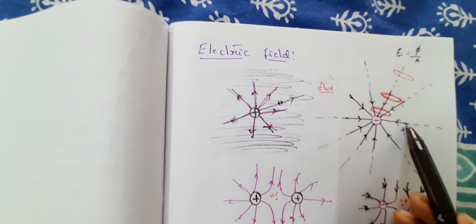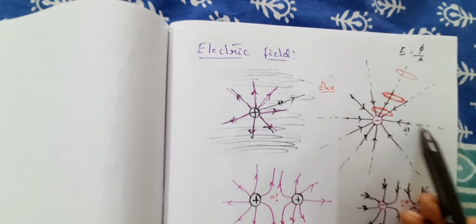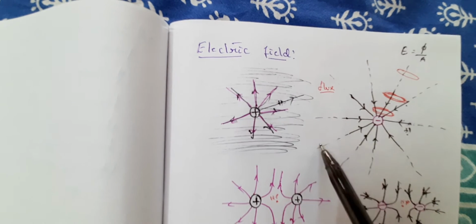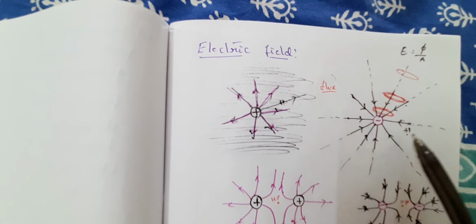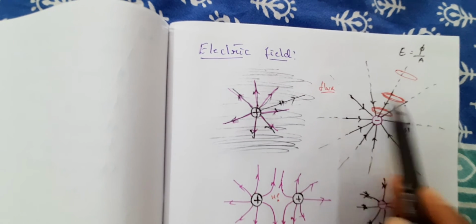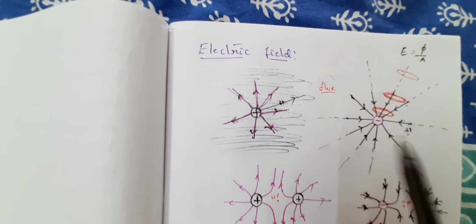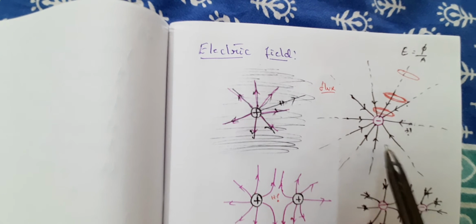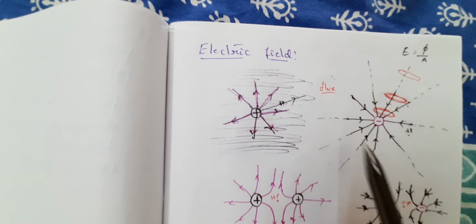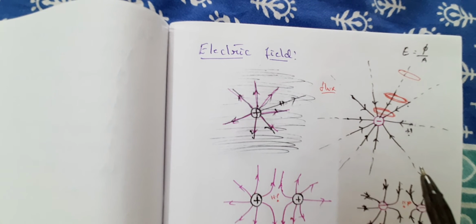This is the path covered by that unit positive charge. Therefore the lines of force for a negative charge are radially inward. Though you feel it is two-dimensional, it has a spherical symmetry. The field is spherically symmetrical around the charge.